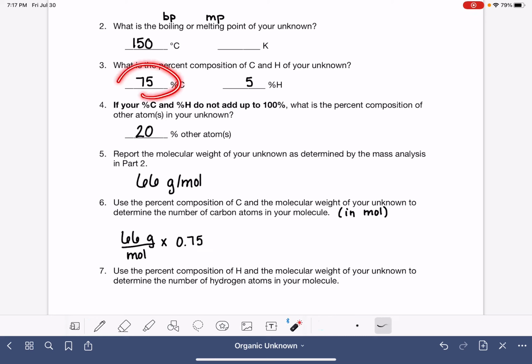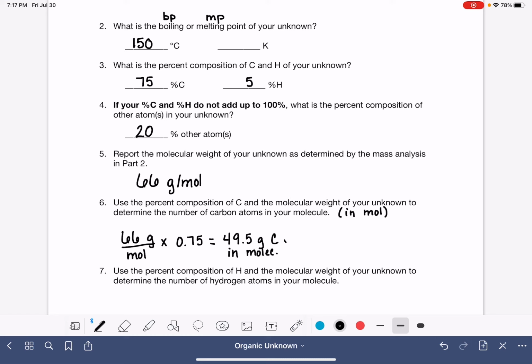My molecule is 75% carbon, and this is going to tell you the mass of the carbon atoms in the molecule. So assuming that this was my data, 66 times 0.75 is 49.5. That means that I have 49.5 grams of carbon in my molecule.